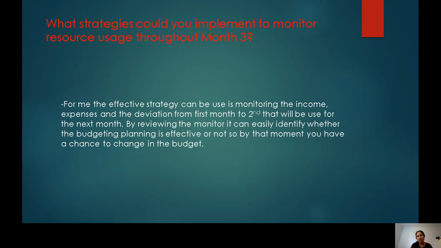You use the previous month's record for the next month, so you have a guide. By reviewing the monitor, you can easily identify whether the budget planning is effective or not. The moment you see that the budget planning is not effective or is failing, you have a chance to change or adjust the budget.